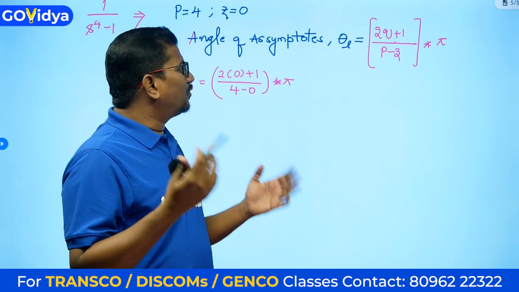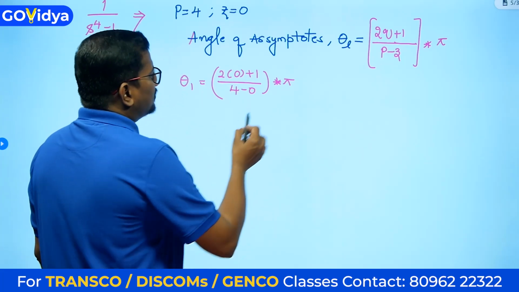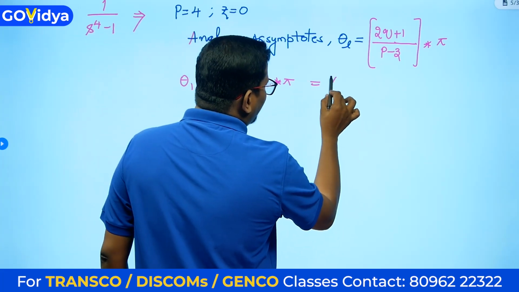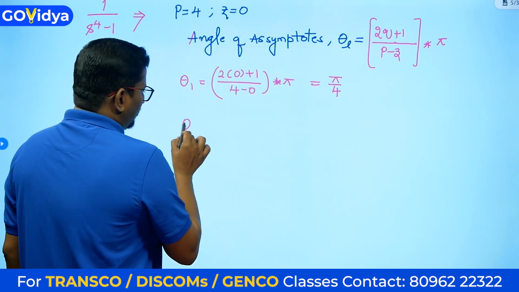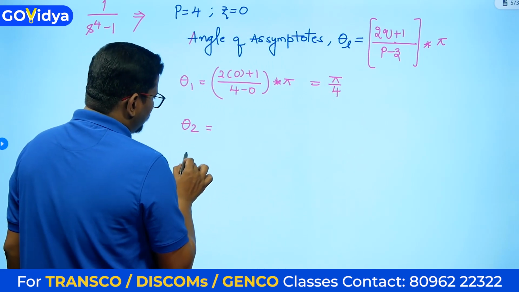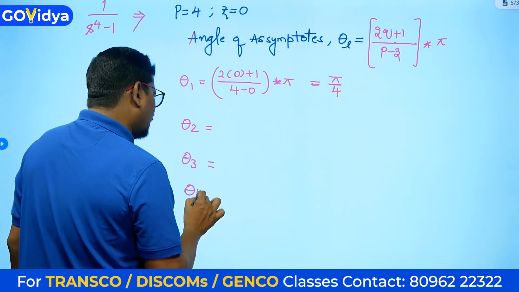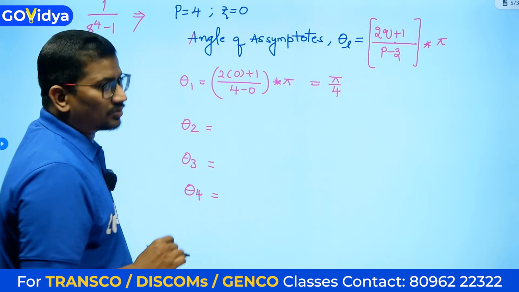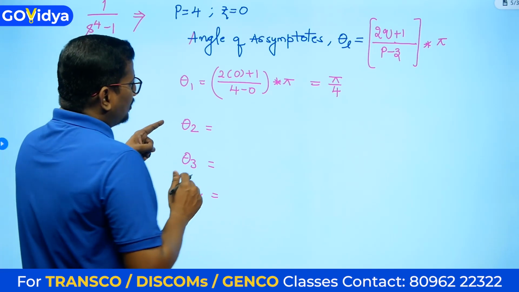Theta is equal to 4, which means n will start from 0, 1, 2, 3. Right. So what is this value finally? Pi by 4. Similarly, if we calculate theta 2, theta 3, theta 4, there are 4 asymptotes. That means 4 zeros are at infinity. So theta 2, how can we calculate?